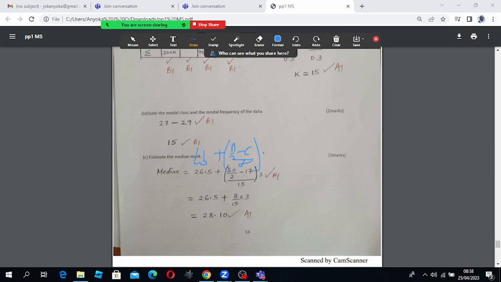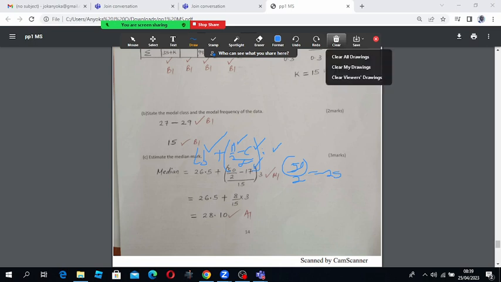So once you state the formula, locate the LB, n over 2, c, and then f, then the interval. Our n is 50, n over 2 is 25.